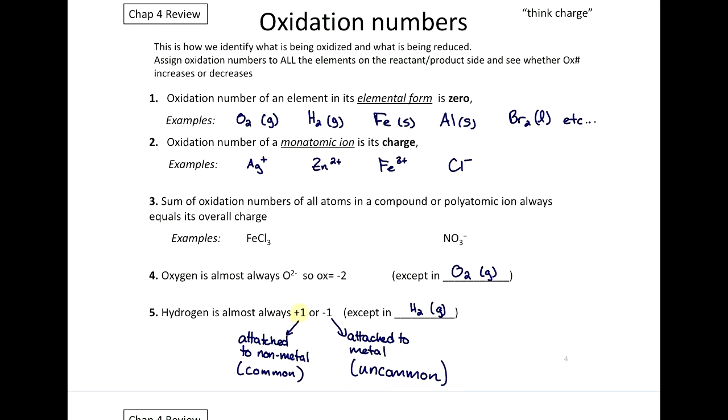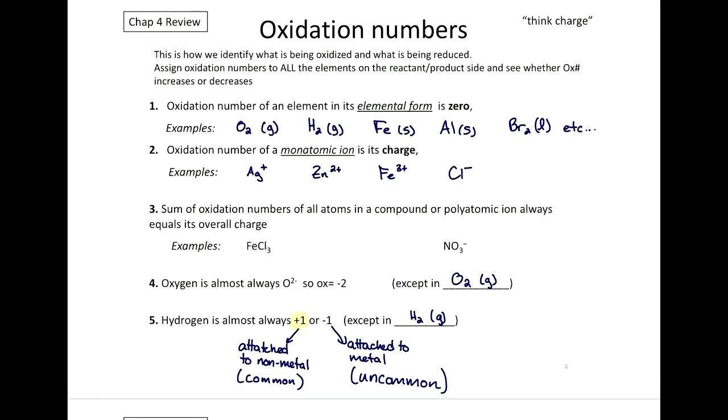If things are charged, so if things are part of an ionic substance, its charge is its oxidation number. So silver plus has an oxidation number of what? +1. Zinc, +2. Iron 3 plus, +3. Chloride -1. Perfect. If you think charge for oxidation number, you'll be right 99% of the time.